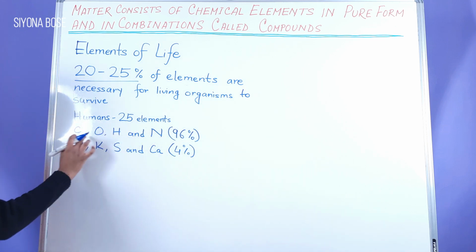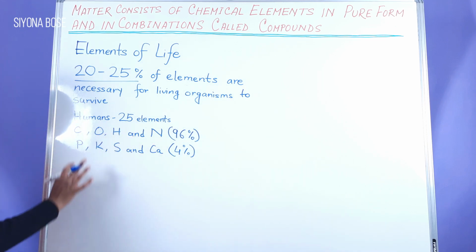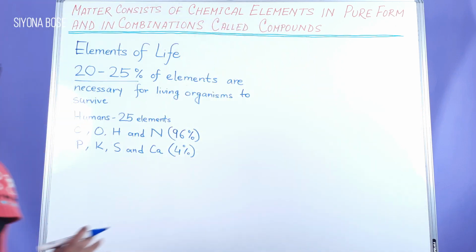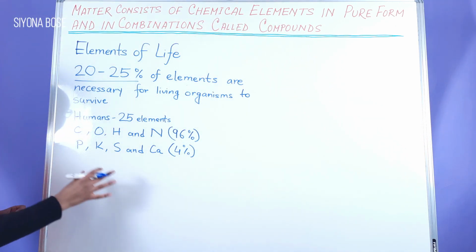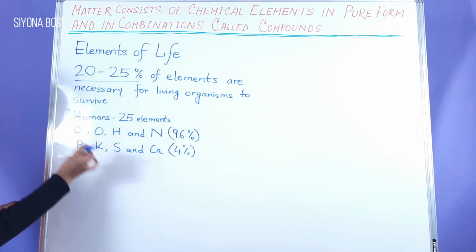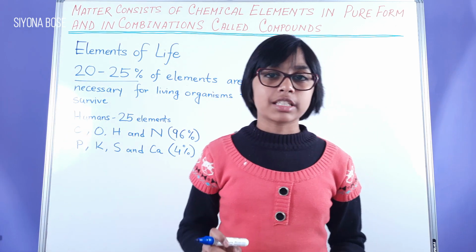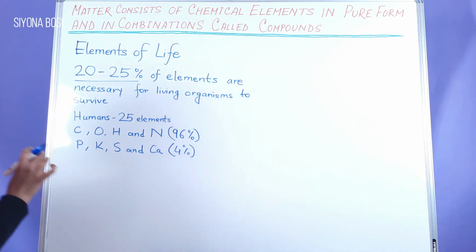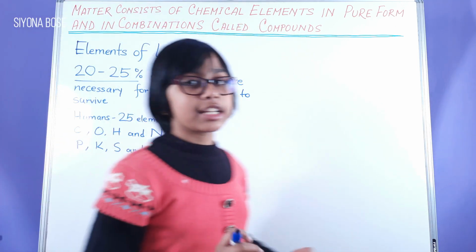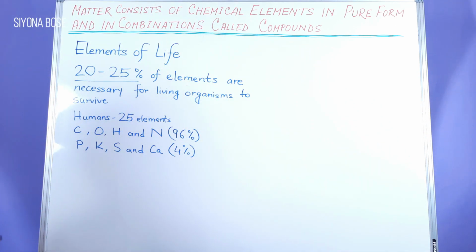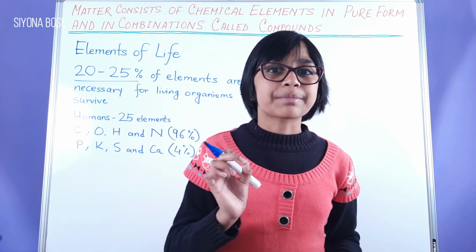The main elements are carbon, oxygen, hydrogen, and nitrogen, and some, not trace elements, but necessary for survival as well, found in lesser quantities: phosphorus, potassium, sulfur, and calcium. And there are lots of trace elements, but in very small percentages, less than 0.01% in the body. Those are also necessary in very small amounts.